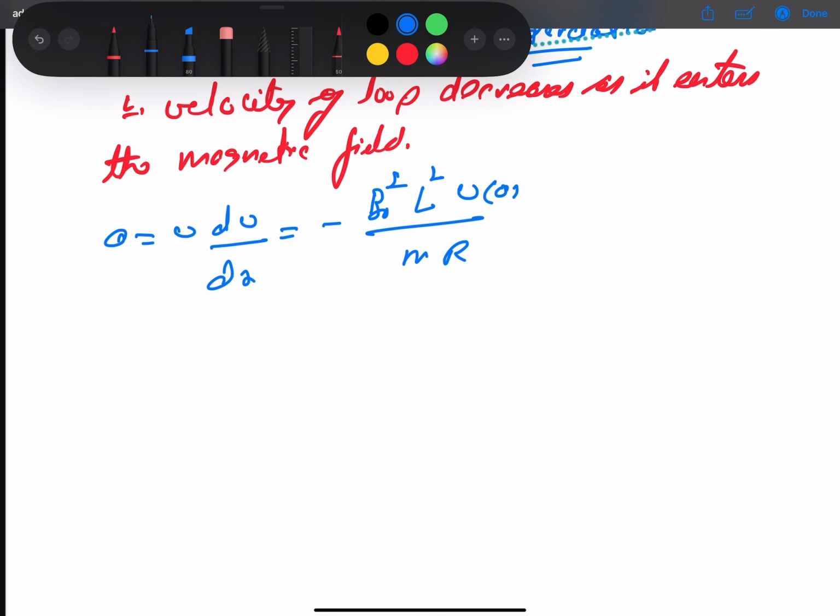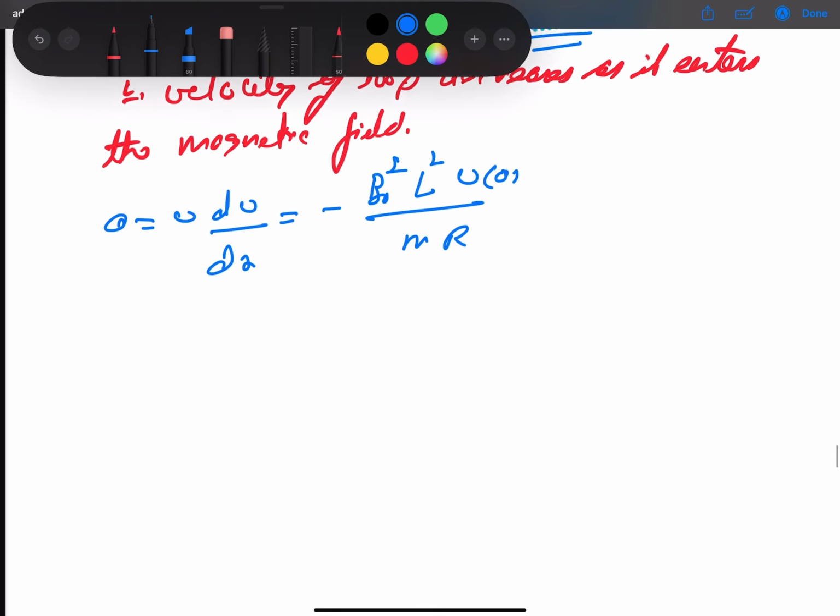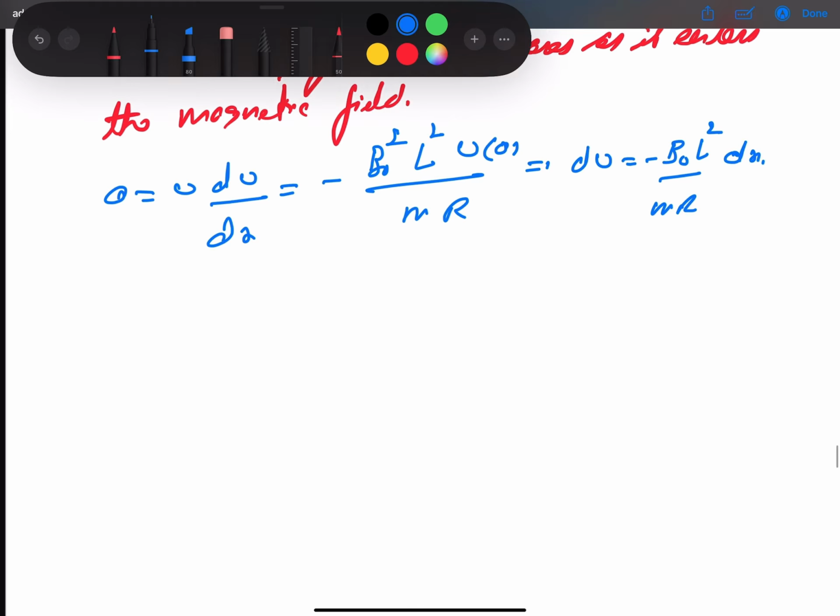And we can just modify it, and this can be written as dv equal to minus B naught square L square divided by mR dx. We can find this for the entire region.